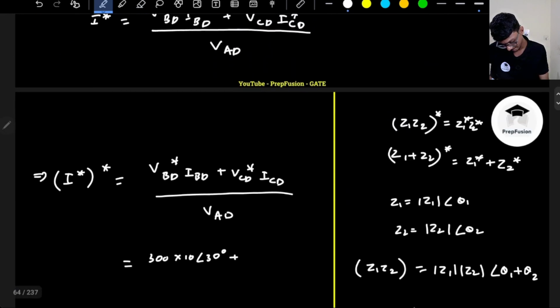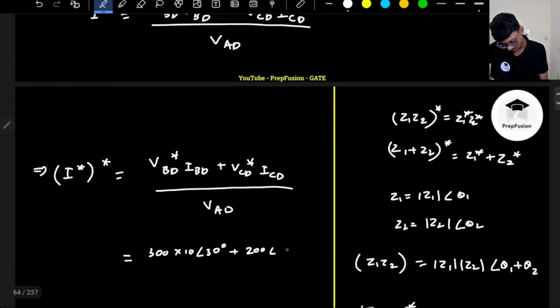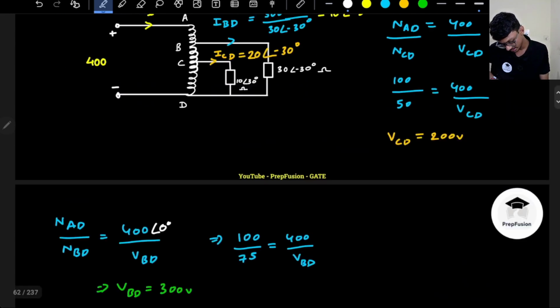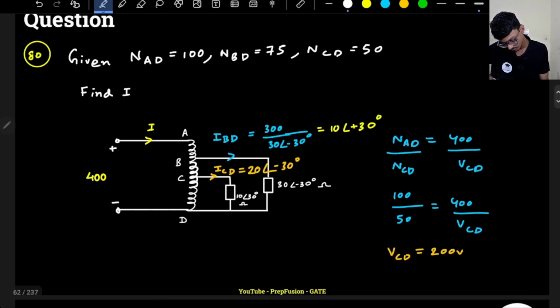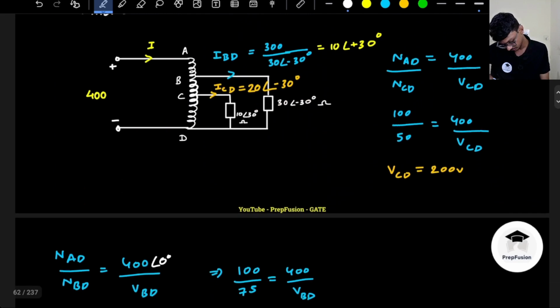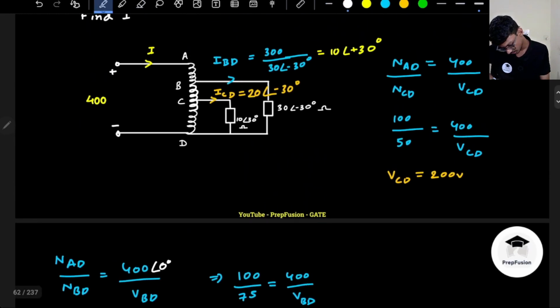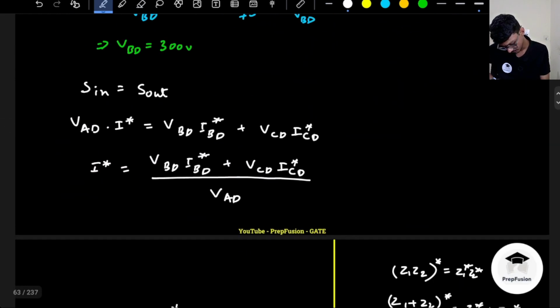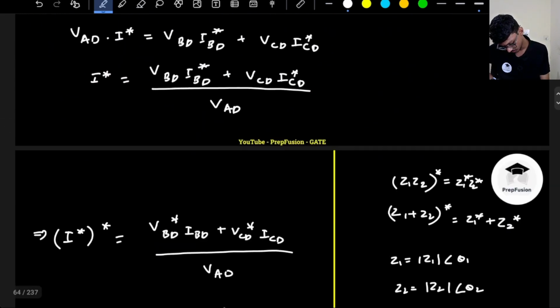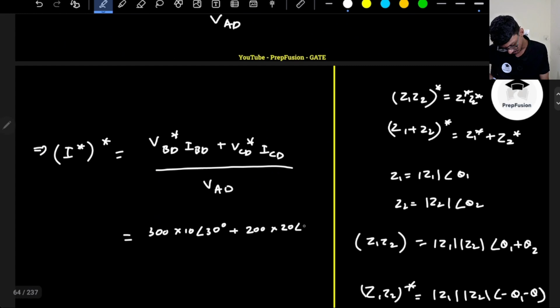Because the angle is 0, if I take the conjugate, it does not matter. So ICD current will be, am I correct, 10 angle 30 or minus 30? It is minus 30. Sorry, 20 angle minus 30.